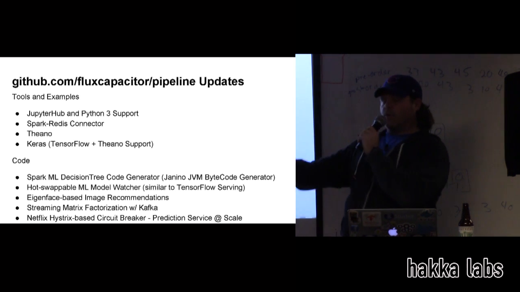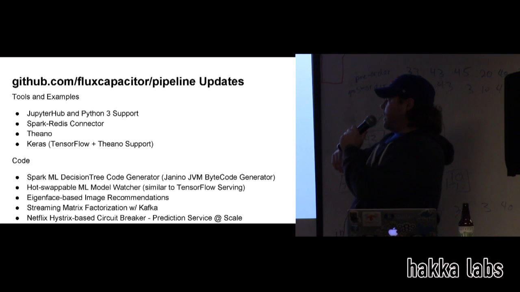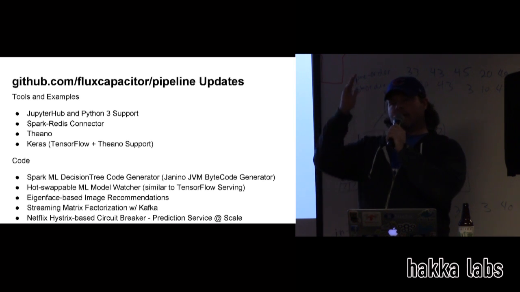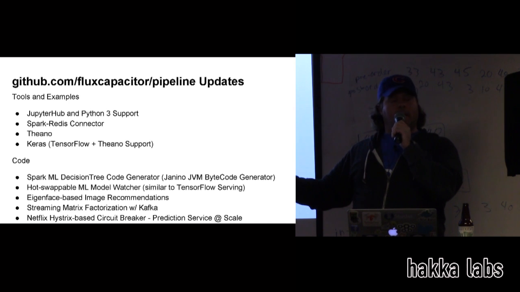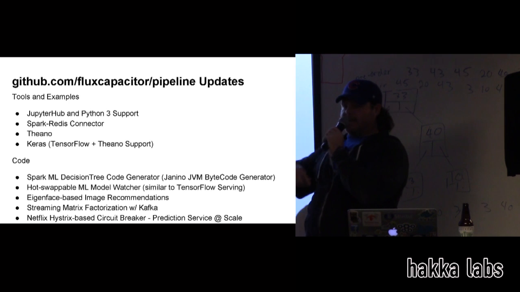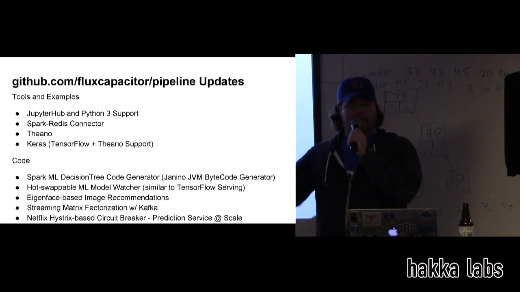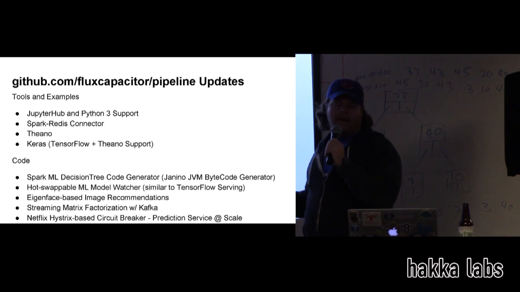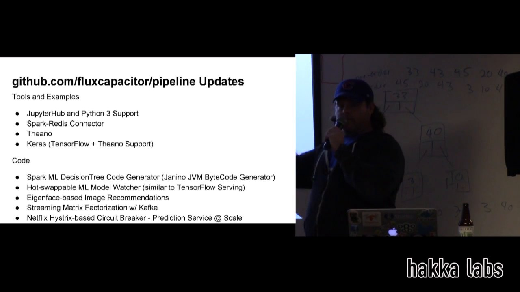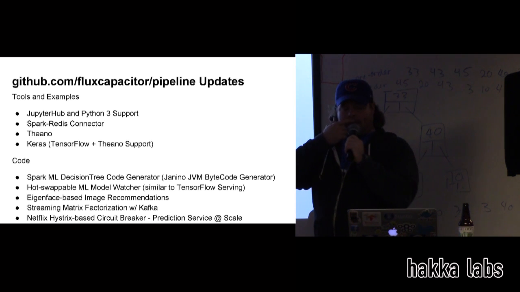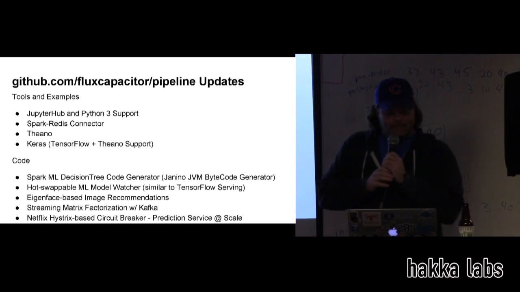This pulls that in from Parquet and builds an optimized POJO, a plain old Java object, with just a big if statement: if this decision point, that decision point, boom, boom, boom. This is what actually gets deployed, Dockerized, pushed out and scaled out. It uses Janino, the same thing that powers whole-stage code gen, taking in source code and generating bytecode.